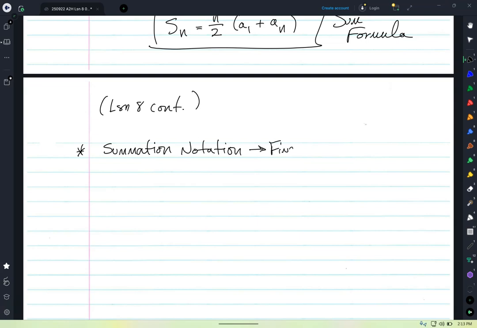Here's what summation notation does for us. It finds the arithmetic series.